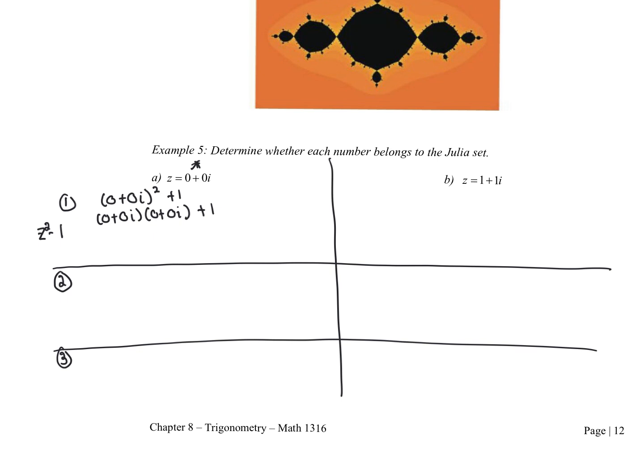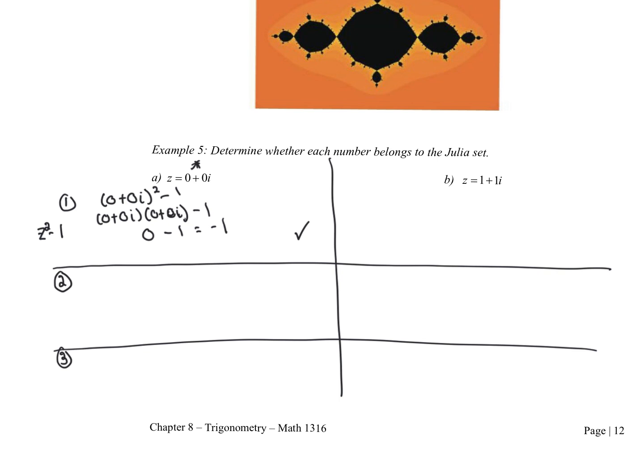Oh, not plus 1. It's minus 1, sorry. So if I follow this out, I'm just going to get 0 minus 1, which is just negative 1. That thing's magnitude, length, absolute value is 1. So that number's in the Julia set. So the first one's okay.